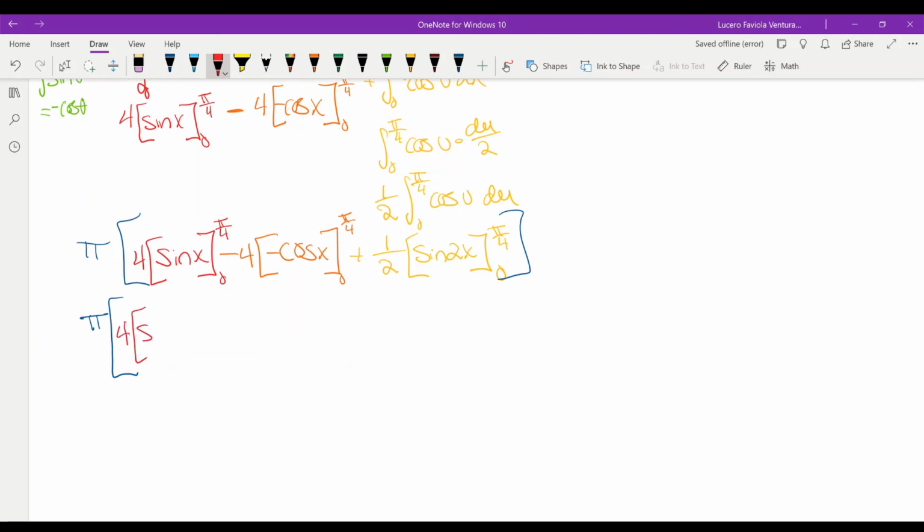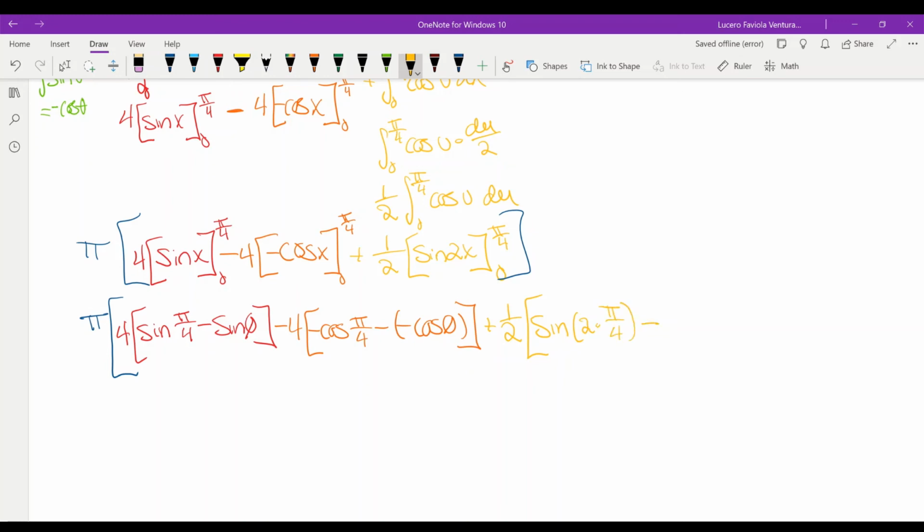So it's 4 times sine of pi over 4 minus sine of 0, minus 4 times negative cosine of pi over 4 minus negative cosine of 0, plus 1/2 times sine 2 times pi over 4 minus sine 2 times 0.